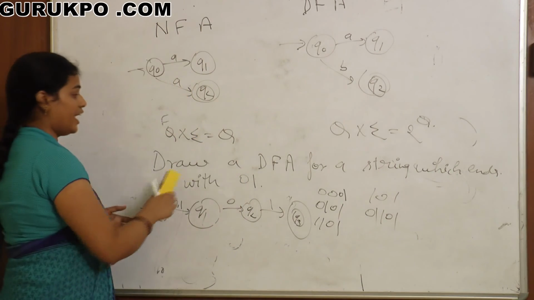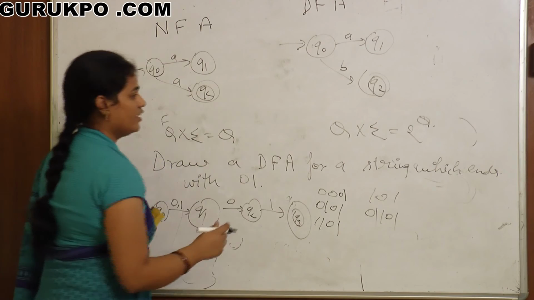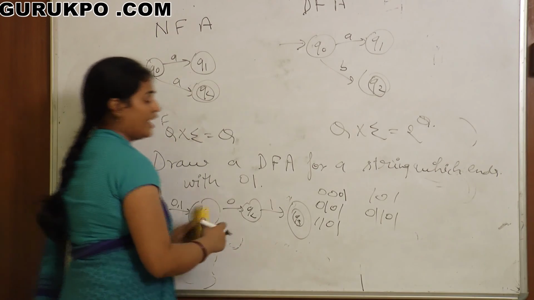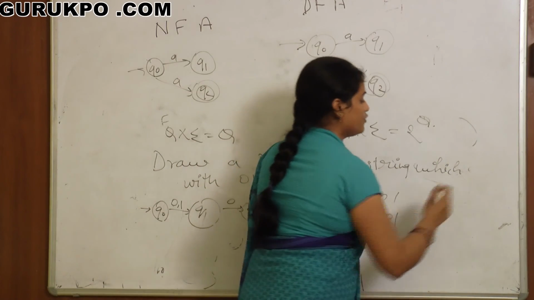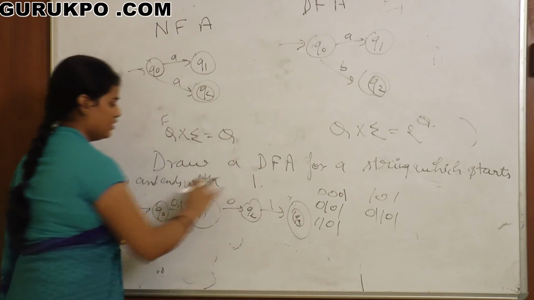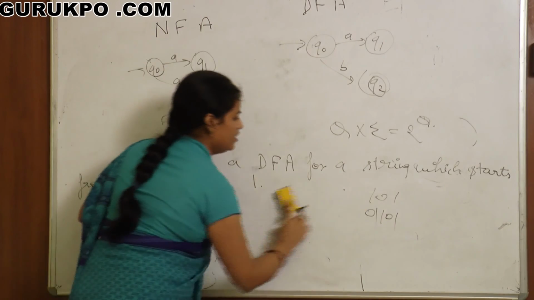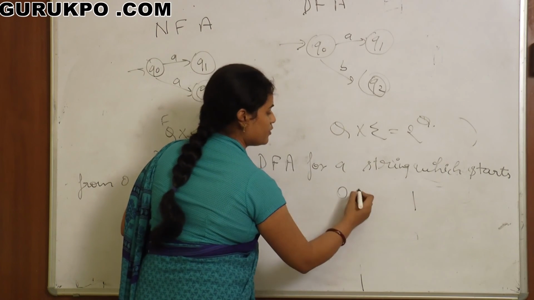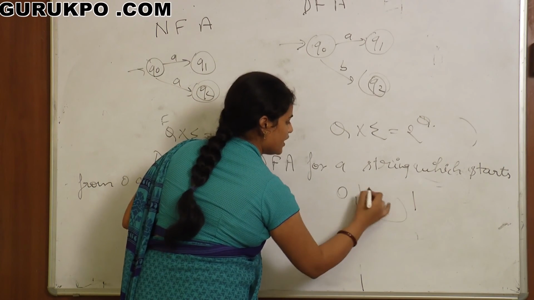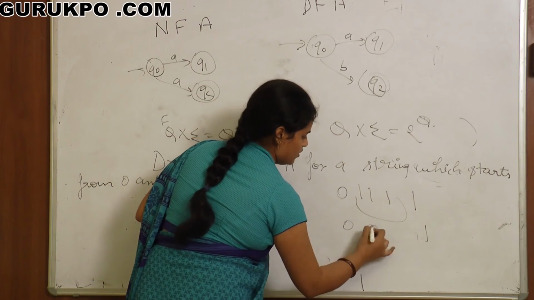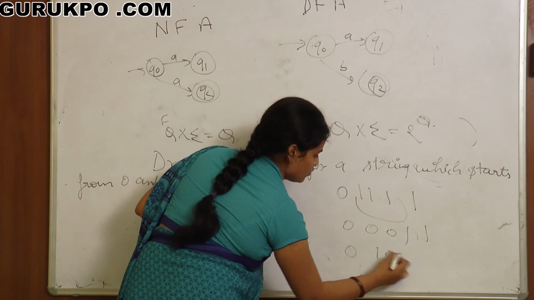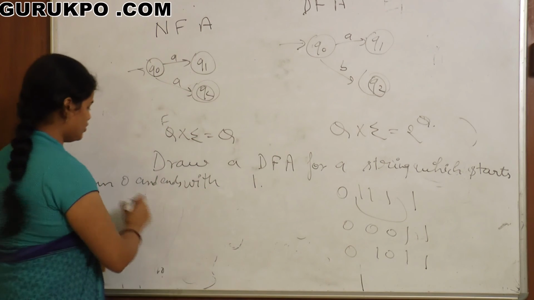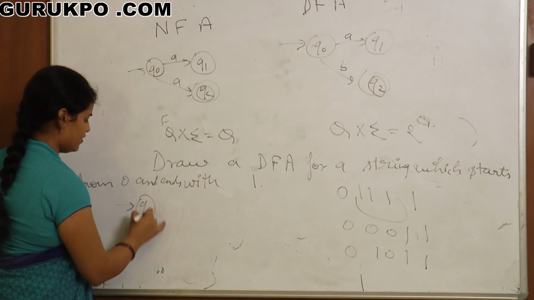Suppose instead I write a string which starts with 0 and ends with 1. In this case, what will happen? All these strings will have 0 at the start and 1 at the end, and in between everything can come. First of all, there will be an initial state.